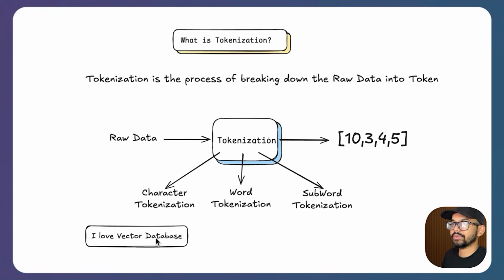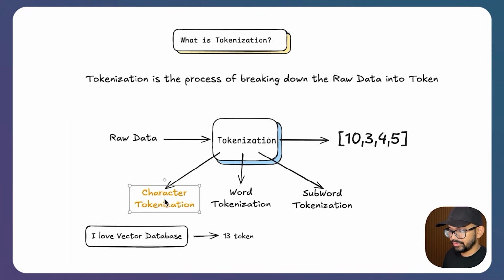How many characters do you have here? Around 13. So using the character tokenizer, you would get around 13 tokens.